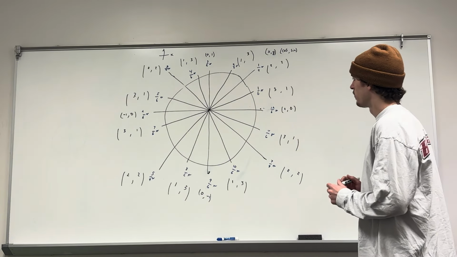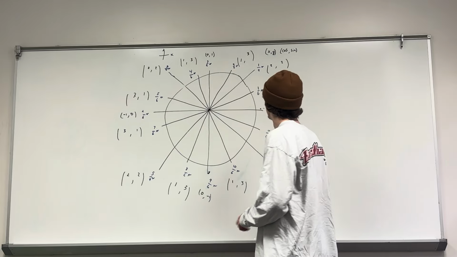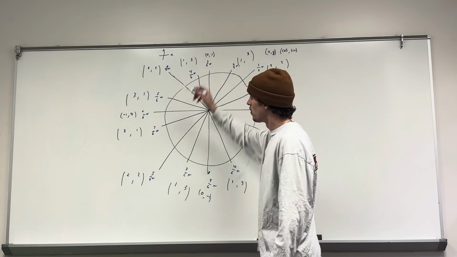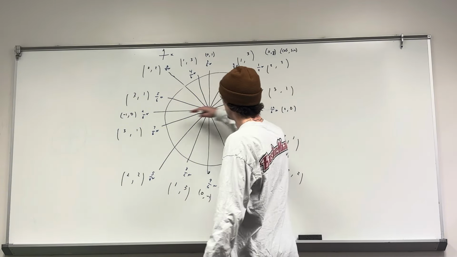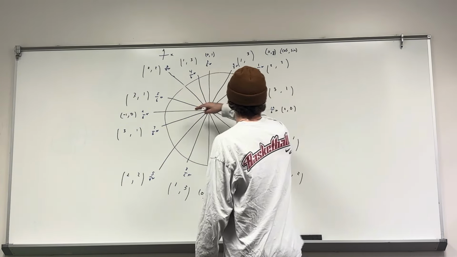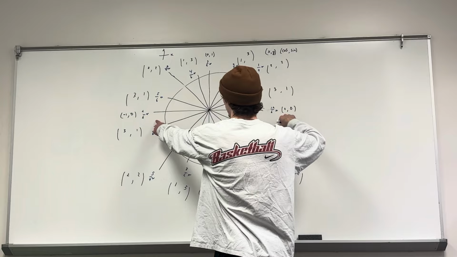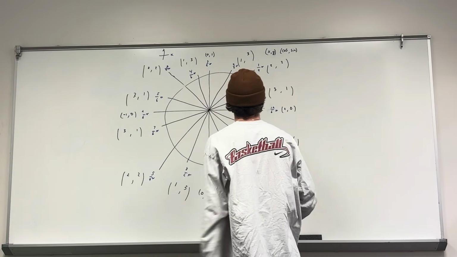Now the last little trick of this is that all of these, literally all of them, are over 2, except for the main ones: 1, 0, negative 1, 0, 0, 1, 0, negative 1. You just leave those.